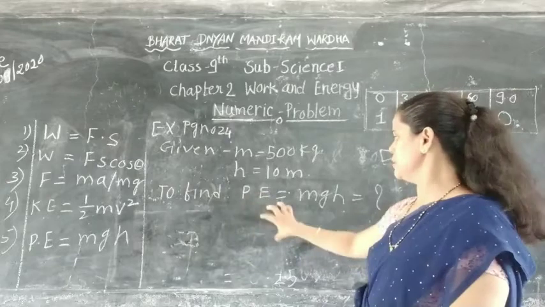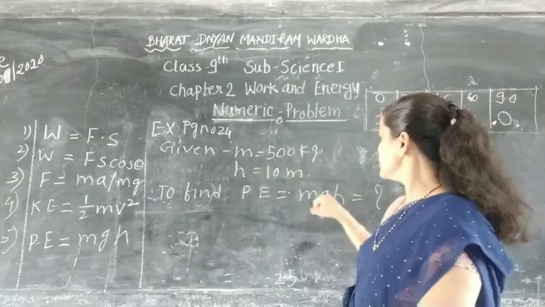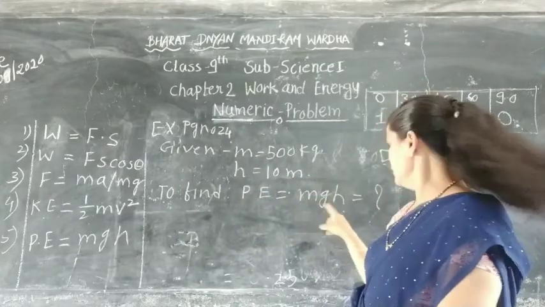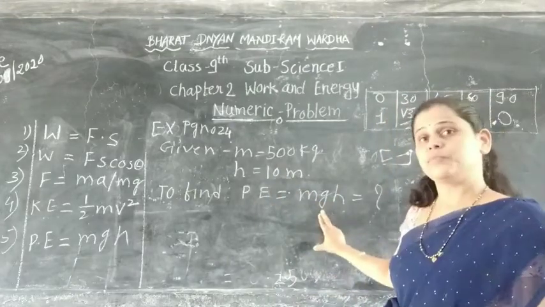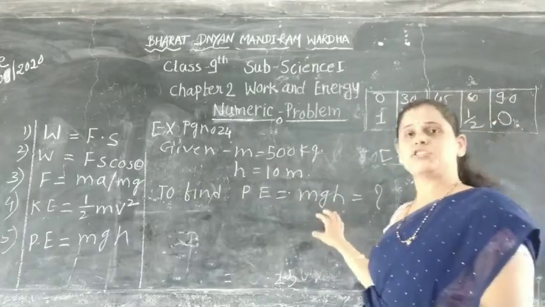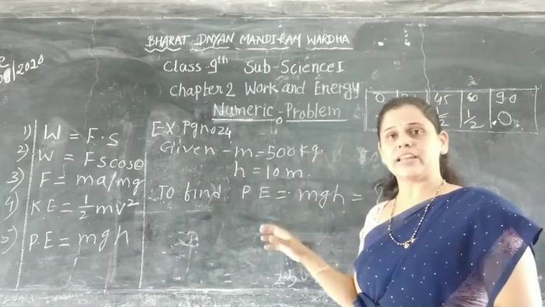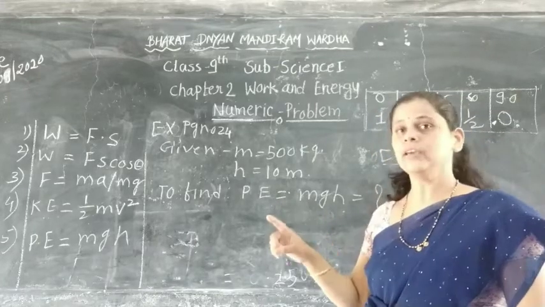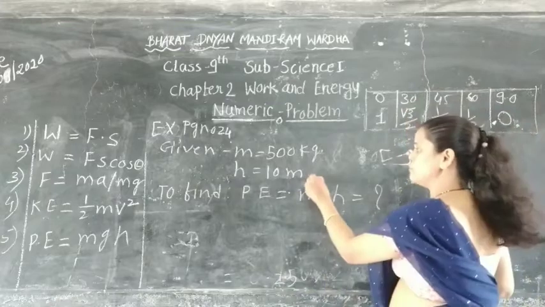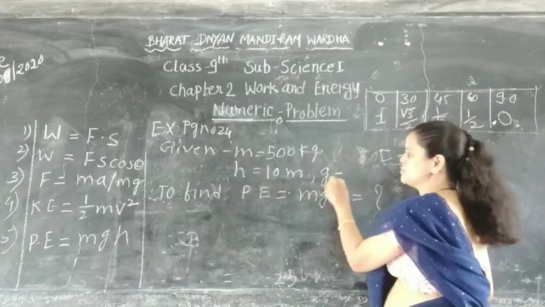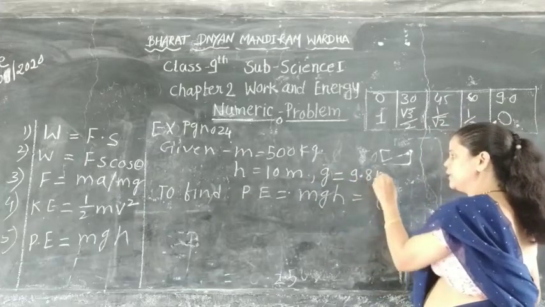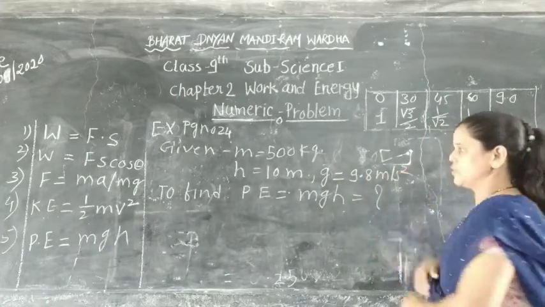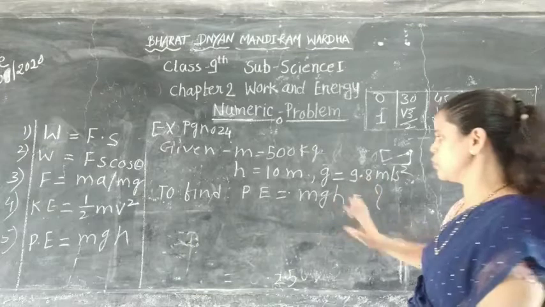M is given. G is not given. H is given. So what about G? The value of G is the gravitational acceleration. Acceleration due to gravity is constant, and you have to learn this value. The value of G is 9.8 meter per second square. So use this value to solve this problem.